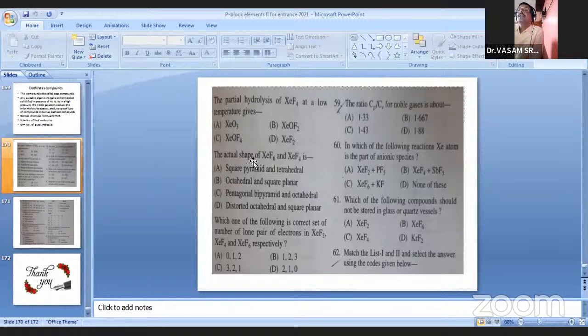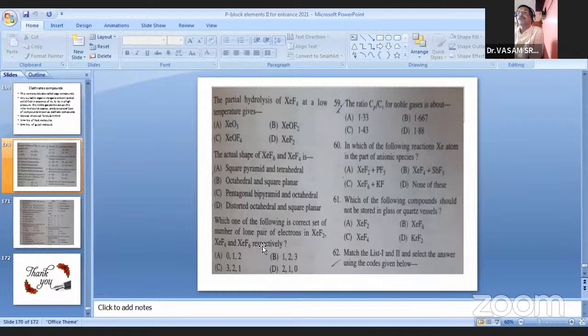You see, the actual shape of XeF6 and XeF4 is important. Which of the following is the correct set of number of lone pairs of electrons in XeF2, XeF4, XeF6 respectively? As I said earlier, lone pairs important, number of sigma bonds important, hybridization important, geometry important, oxidation state important.